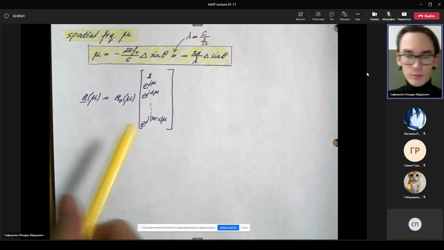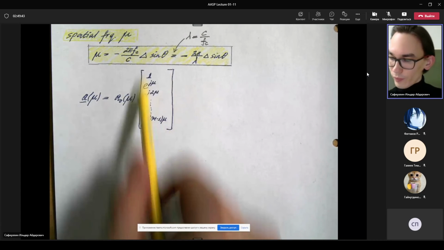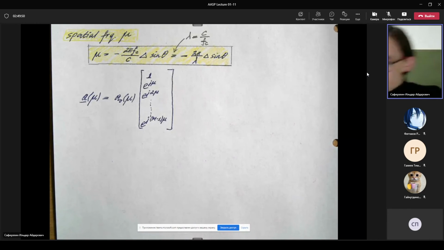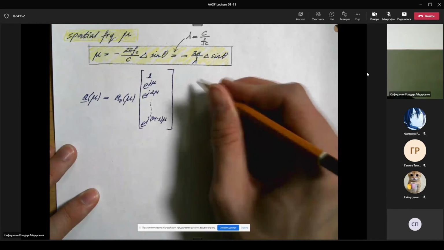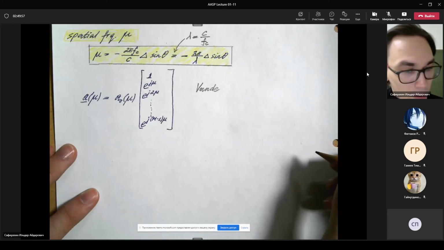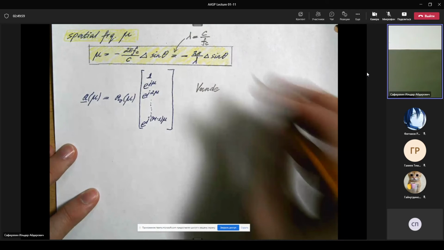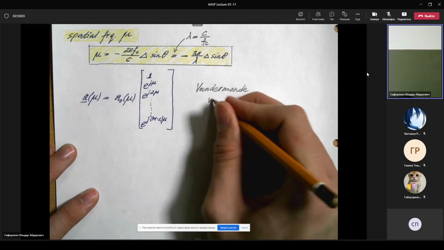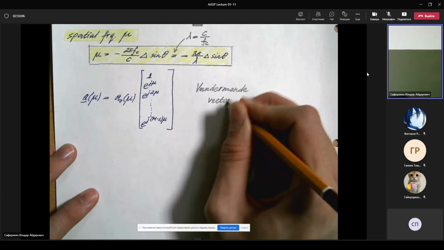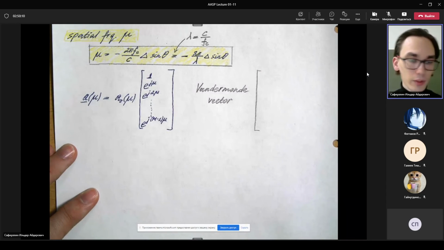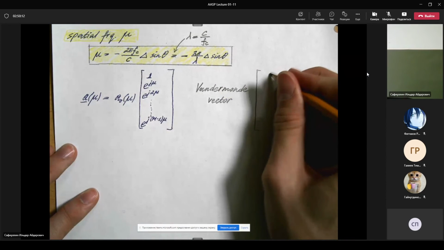This structure of our vector can be represented as a Vandermonde vector. So what is this? The Vandermonde vector is the vector with the following values. The first one is 1.